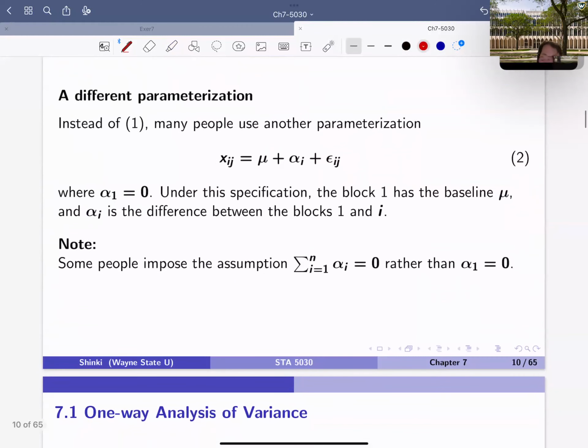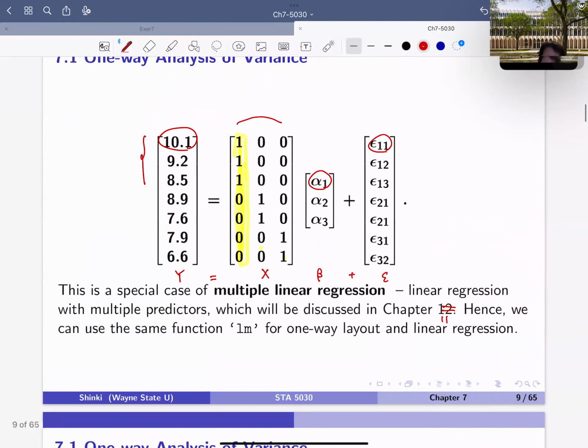Because of this expression, sometimes people want to put this in a different way. We want to put a vector of 1s as the first column, and the second column is the indicator function of group 2, and the third column is the indicator function for group 3. This is a little more convenient because it's the same as linear regression.